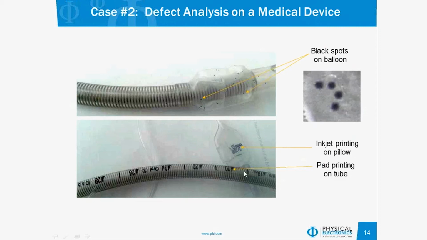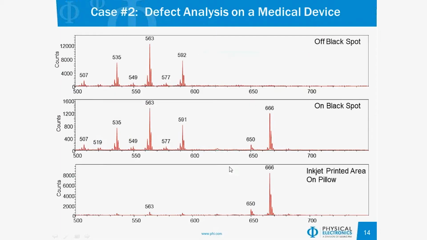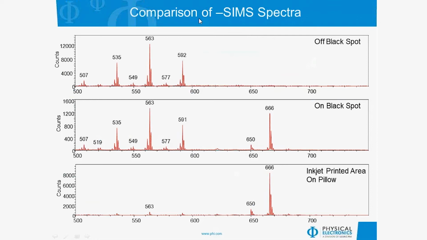And the suspects were the ink. There was two different printing processes on this same medical device, an inkjet printer on the pillow and a pad printing on this tube. So those are two different processes. So of course they were the initial suspects. So here's a TOF-SIMS spectra, in negative ion mode, off the black spot and on the black spot, from 500 to 800 Dalton.